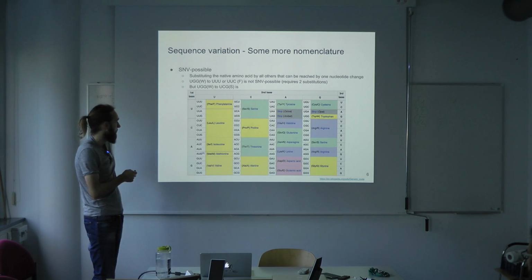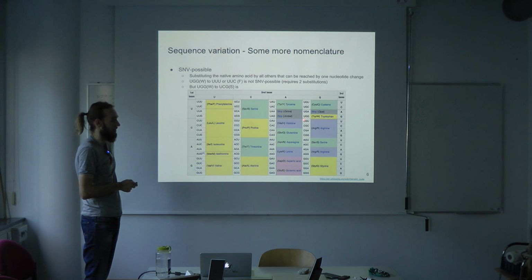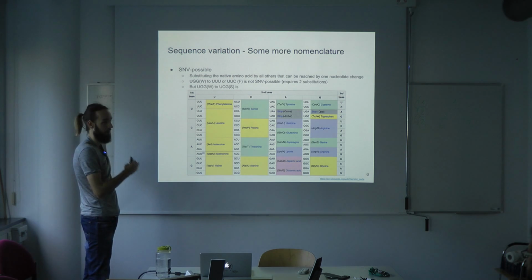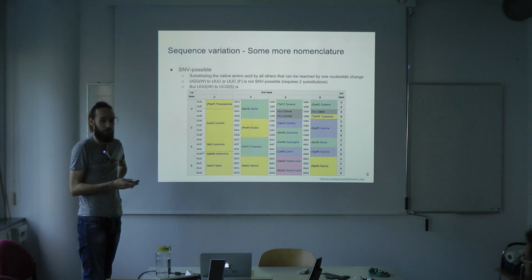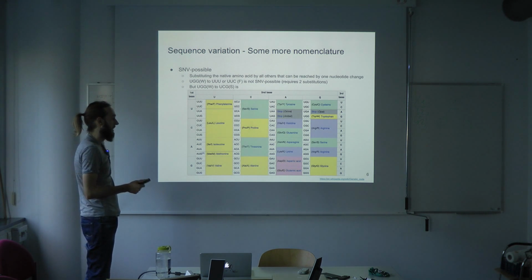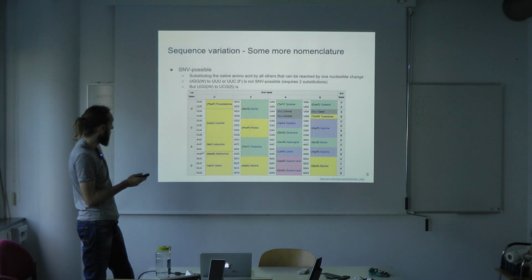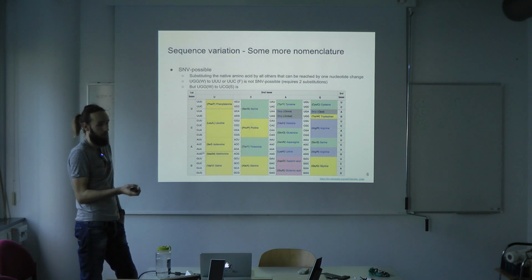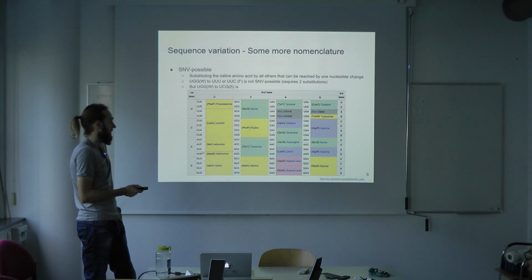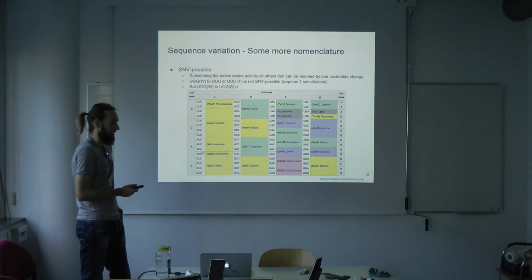You can see that we have to change the last 2 nucleotides to get to phenylalanine. So this is not an SNV possible change. If we have tryptophan, we cannot go in just one SNP to phenylalanine. However, to serine, for example, here, UCG, we can go by just changing the middle nucleotide. So that's the idea of SNV or SNP possible.